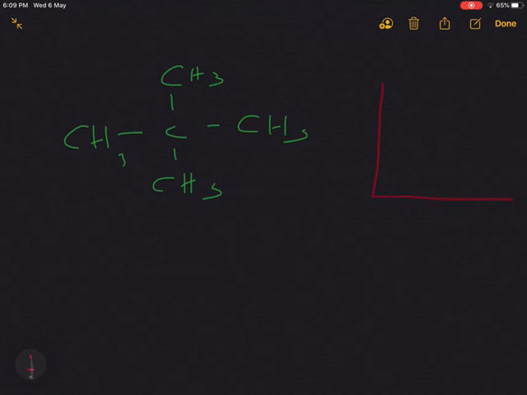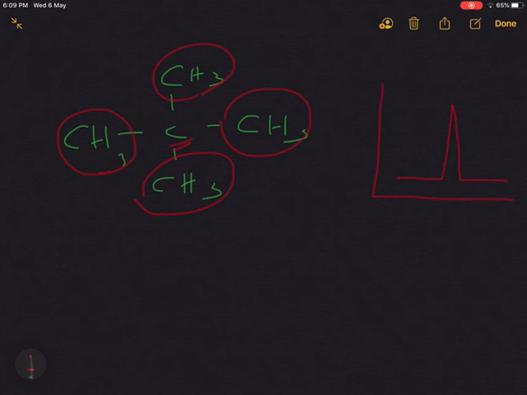The NMR spectra of the compound gives only a single intense peak. What is the reason? The compound contains CH3 groups only. All the 4 CH3 groups are identical. The middle carbon doesn't possess any protons. Therefore, we get a single peak corresponding to the 4 CH3 groups in the NMR spectra of this compound.